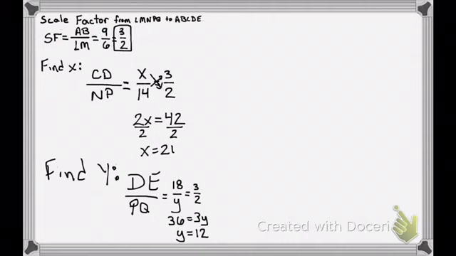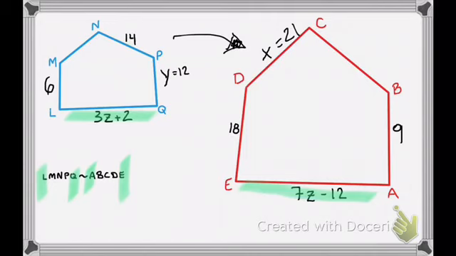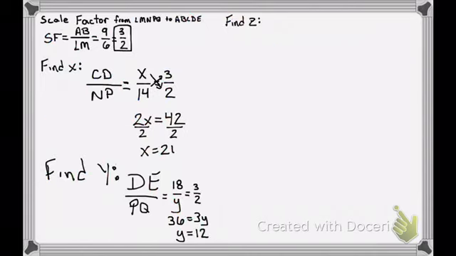I left myself a nice amount of space, but I need the right marker to find z, because z is going to take a little more work. It's not too bad. It's the same process. It's just not as easy as finding x or y, because x and y were just an x and just a y. So, as I said, for z, jumping back to the shape, we're going to use side AE and side LQ. So, setting up that ratio, AE compared to LQ.